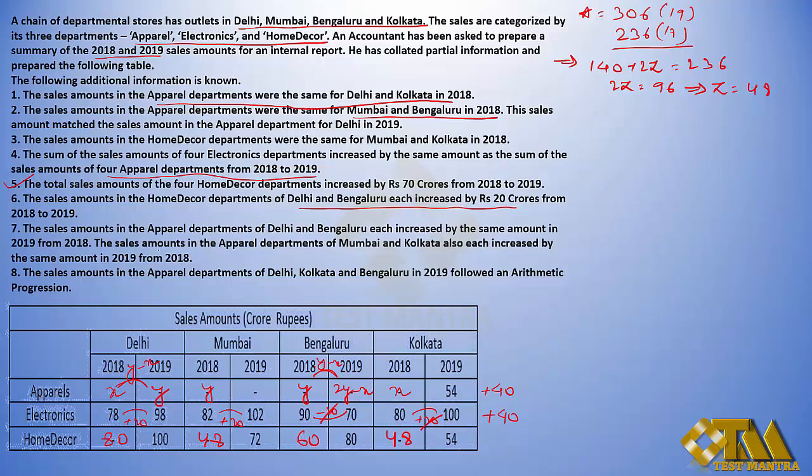Then the sell amount of the apparel department of Mumbai and Kolkata also each increased by the same amount in 2019 and 18. So here Kolkata, it's increased by 54 minus x, that means this figure should also increase by 54 minus x.